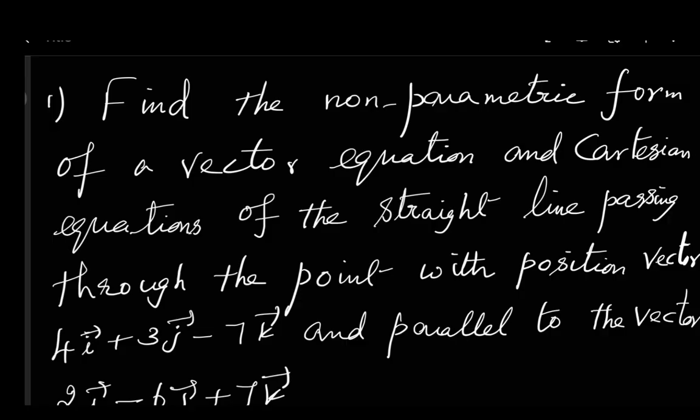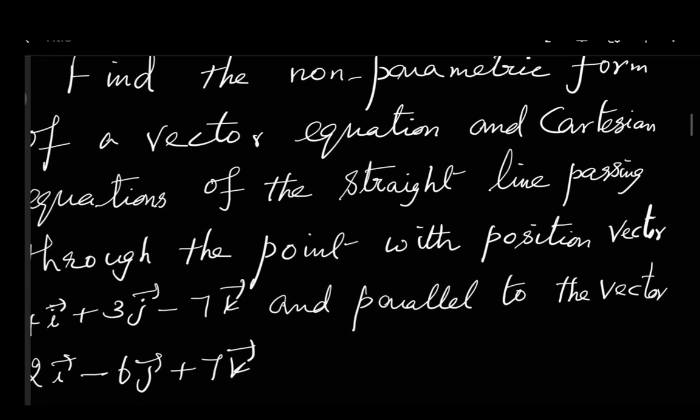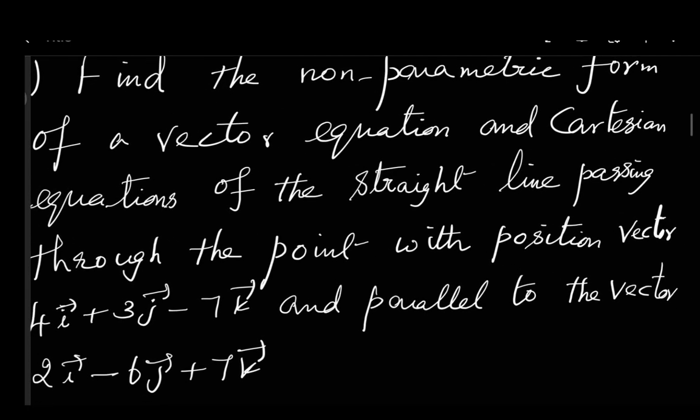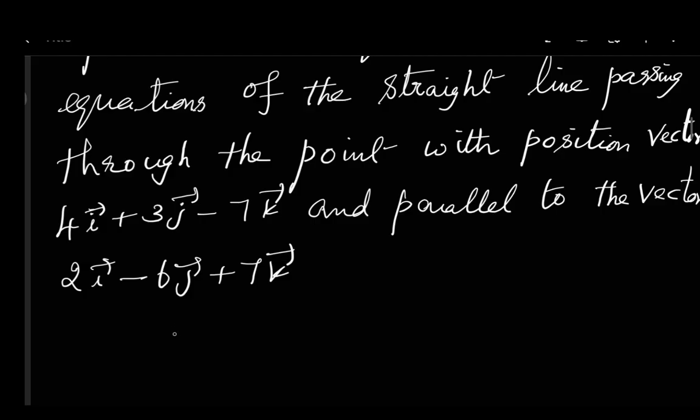See the sum. Find the non-parametric form of vector equation and Cartesian equations of the straight line passing through the point with position vector 4i plus 3j minus 7k and parallel to the vector 2i minus 6j plus 7k. Here the point is vector A, that is 4i plus 3j minus 7k.